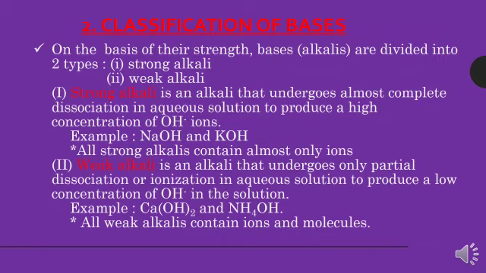Now point number 2, classification of bases. On the basis of their strength, bases are divided into two types. One is strong alkali, the other one is weak alkali. Now, what is a strong alkali? A strong alkali is an alkali that undergoes almost complete dissociation in aqueous solution to produce a high concentration of hydroxyl ions.